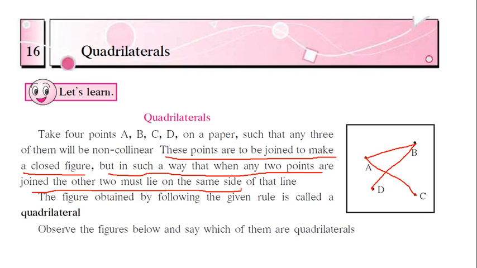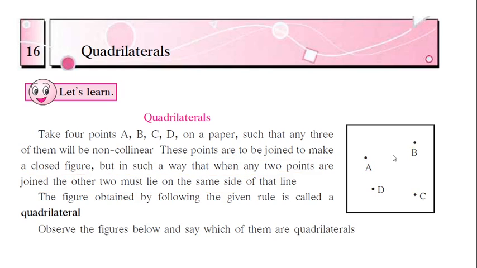Here, this is one side of the line and this is another side of the line. When we join this, it becomes a cross. So we cannot draw such a quadrilateral. Instead, we can draw it like this, just joining the 4 points.